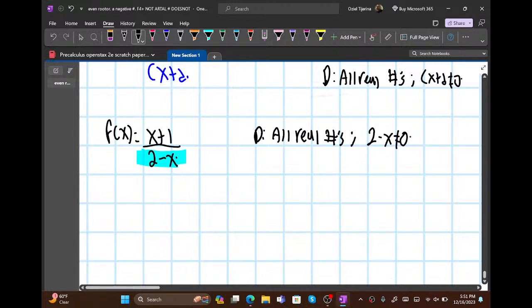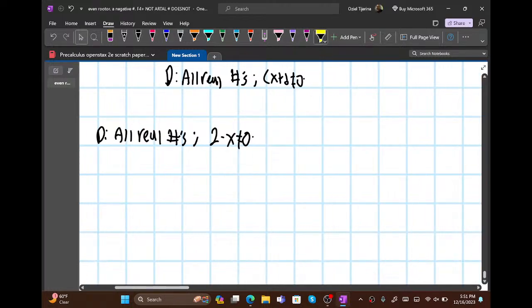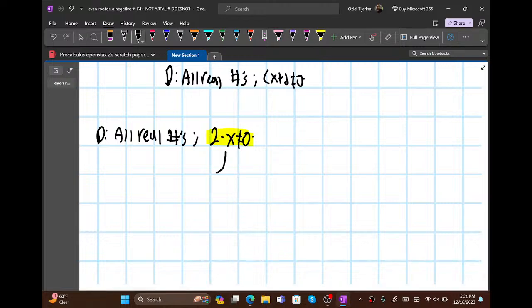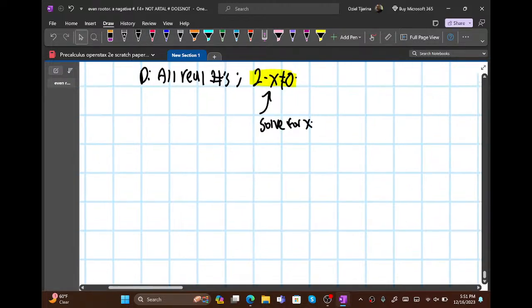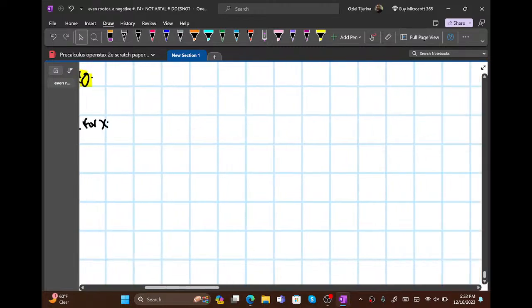Now, if I were to solve for x here, I'm going to do it separately over here. I'm going to add x to both sides of this equation.